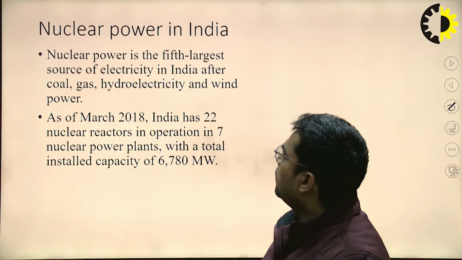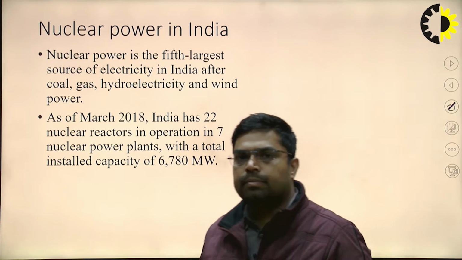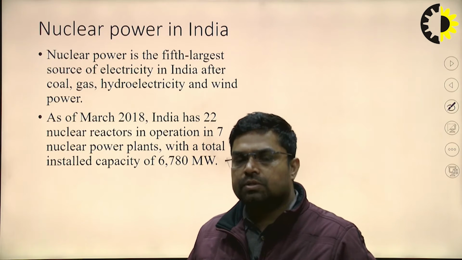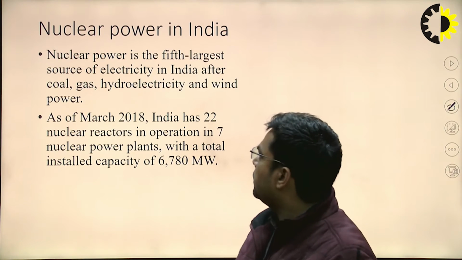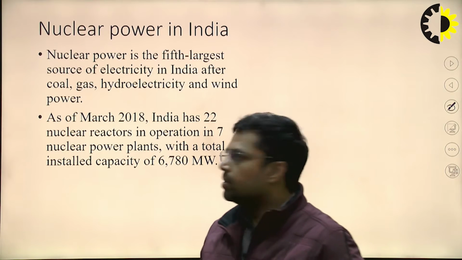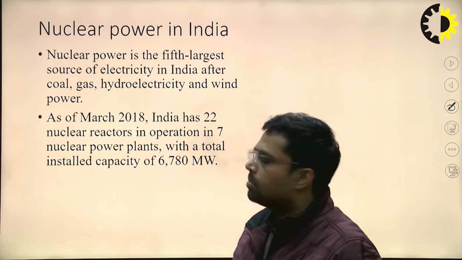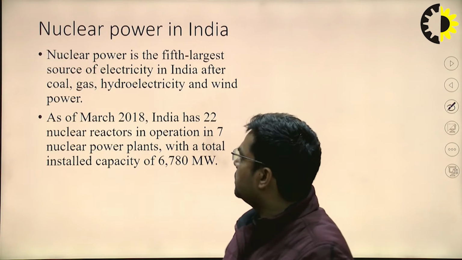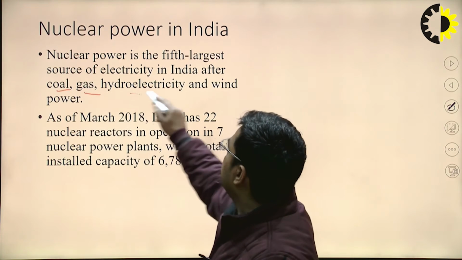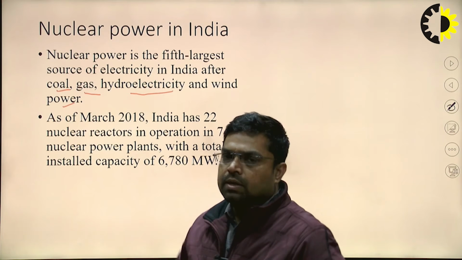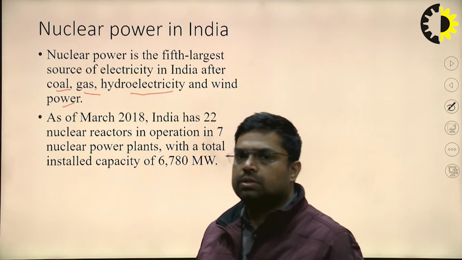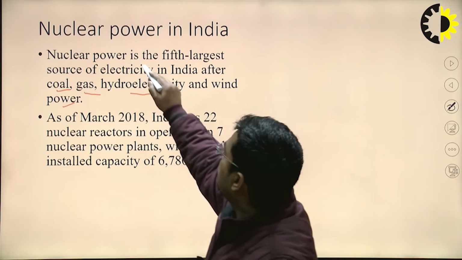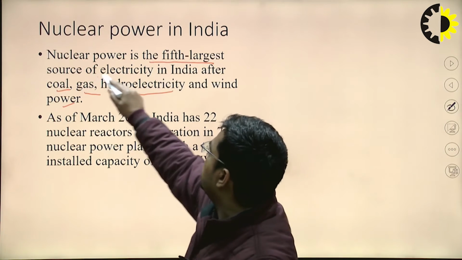First of all, I will give you some introduction about the contribution of nuclear energy, particularly in India. Apart from the conventional and non-conventional energy sources like coal, gas, hydroelectricity and wind power, India's nuclear power is the 5th largest source of electricity.